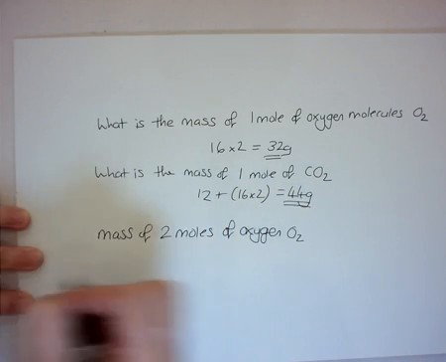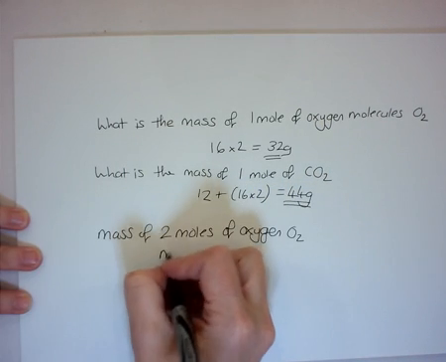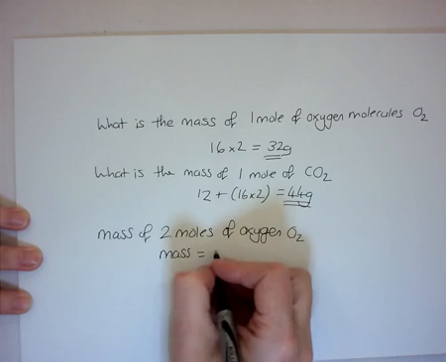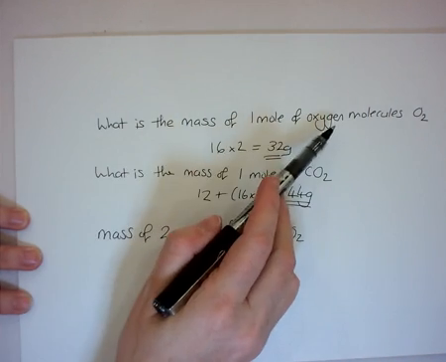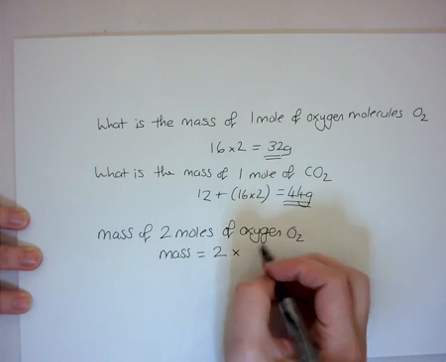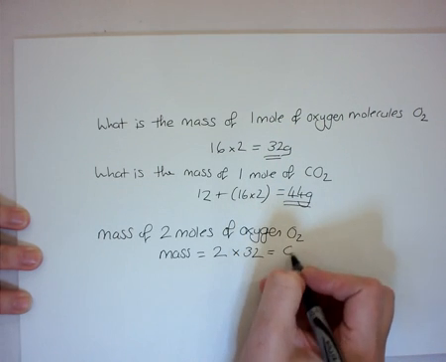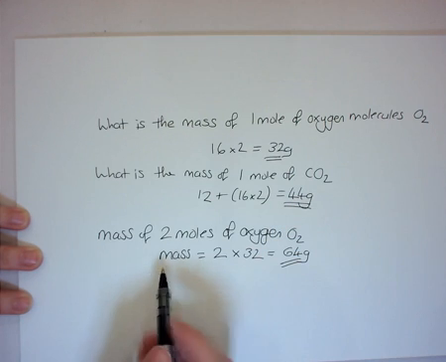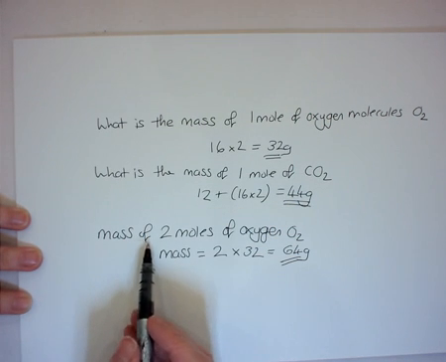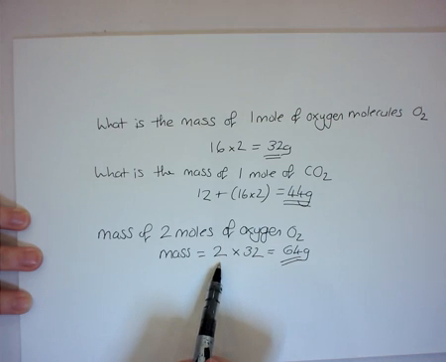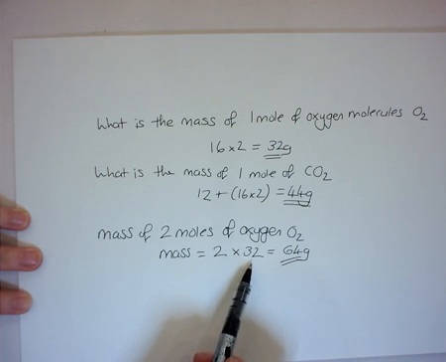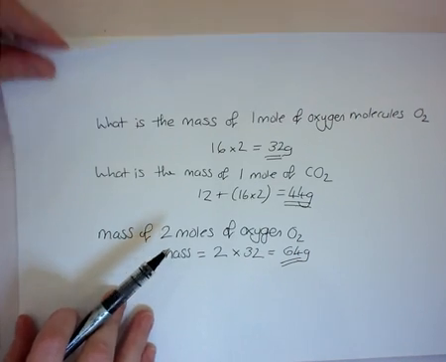So if I wanted to calculate the mass of 2 moles of oxygen molecules, then my mass would equal 2 times the mass of 1 mole, which I've worked out as 32. So to work out the mass of a different number of moles, we do the number of moles times the mass of 1 mole, or its Mr. So that's our first equation that we need to learn.